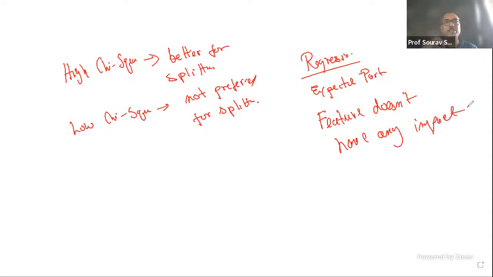This is the assumption behind the expected part, that whatever feature I am considering does not have any impact on your final outcome.